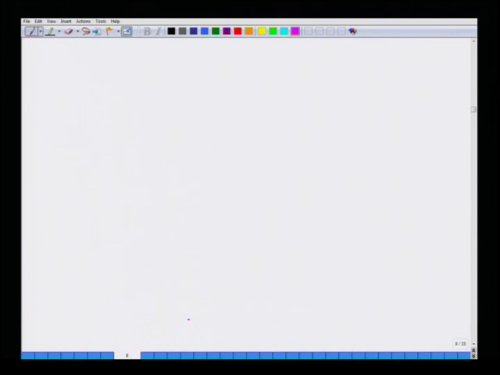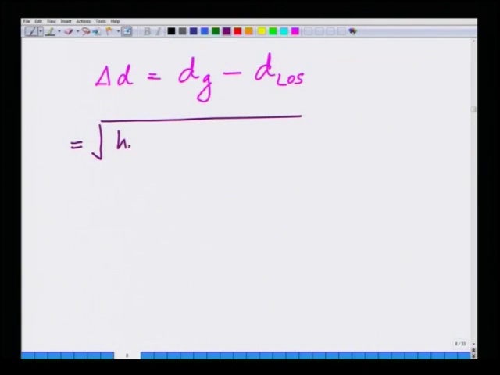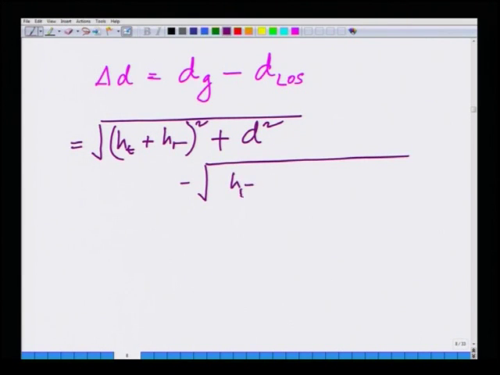Hence, what I have net is essentially delta d equals dg minus dLOS, which is basically the square root of (ht plus hr) whole square plus d square, minus the square root of (ht minus hr) whole square plus d square.